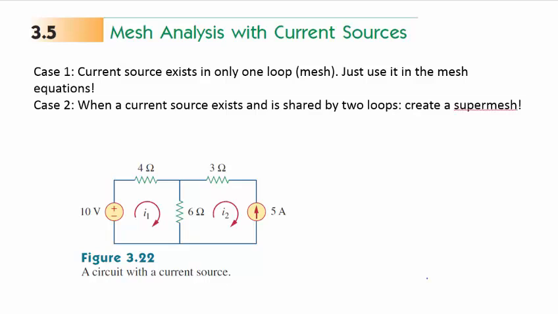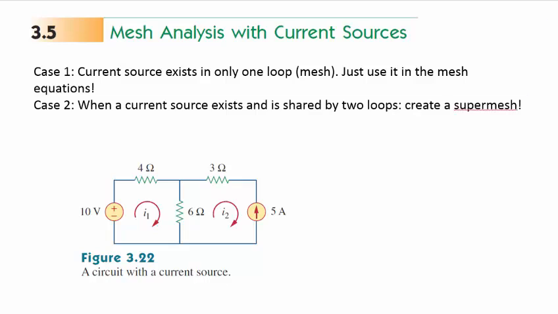So the first case is case 1: a current source exists in only one loop. If I look at this, there is a current source, but it is only in this loop. It is not shared by the loop over here. So it turns out it's kind of like a constraint like we had before, and we can solve the problem.